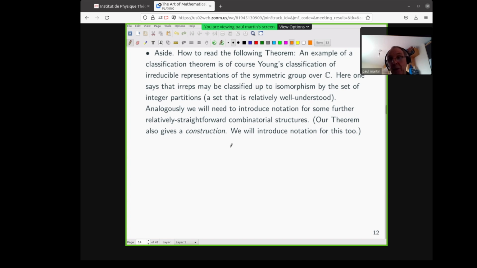And this is a win for us insofar as that set is relatively well understood. Here, analogously, we'll need to introduce notation for some further relatively straightforward, not so straightforward, but relatively straightforward combinatorial structures. That will give the index theorem, and I'll also give a construction for the representations and introduce notation for that too.